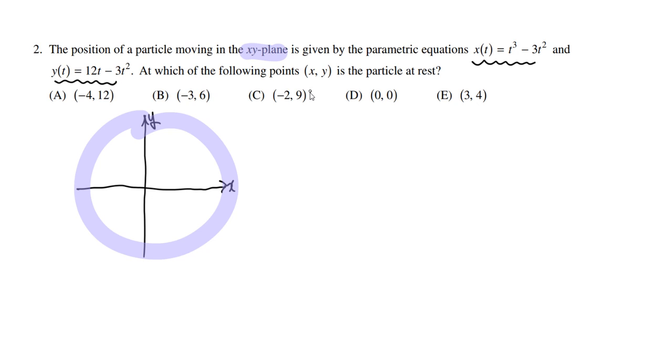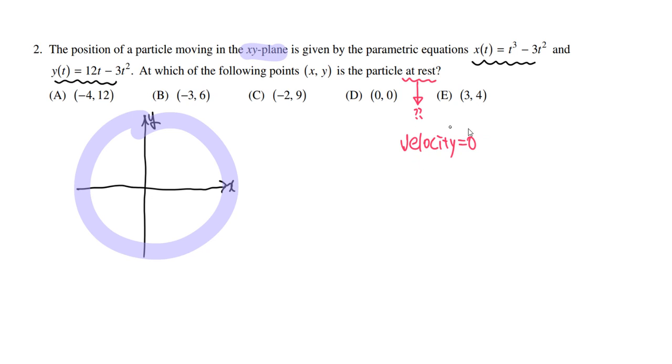Which of the following points is the particle at rest? What does it mean, the particle at rest? Look here. When the particle is at rest, that means its speed or velocity should be 0.